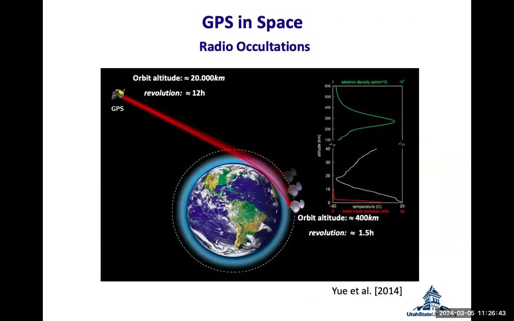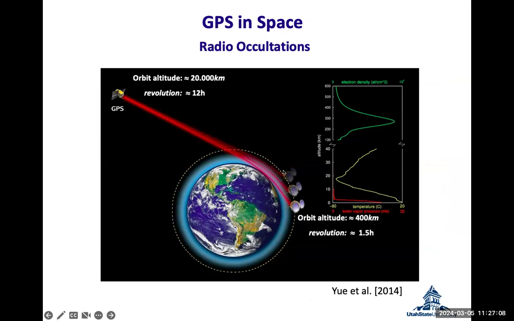But we can augment this with radio occultation observations that provide us the third dimension. As I said before, with radio occultation, you put a receiver on a low Earth orbiting satellite. We have the GPS satellite out here at 22,000 kilometers, so hardly moving, as the LEO moves. The LEO just takes 90 minutes, of course, going around the Earth.